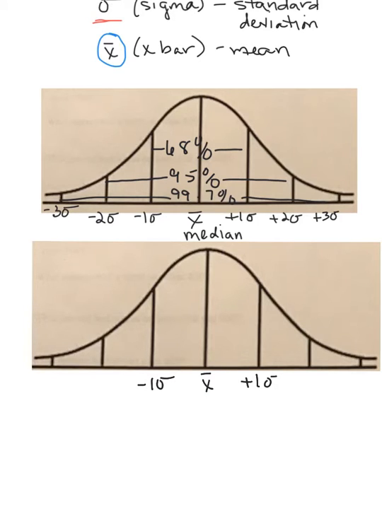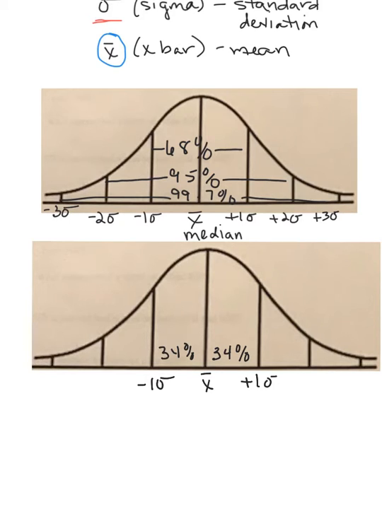This curve is perfectly symmetric. So in order for that to be equal on each side of the middle, that means that 34% of the data has to be from the mean to the +1 and the mean to the -1.